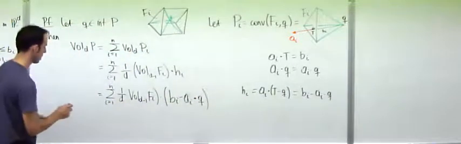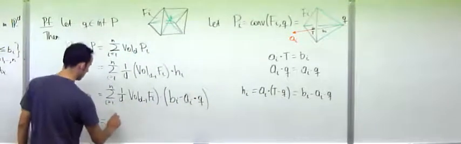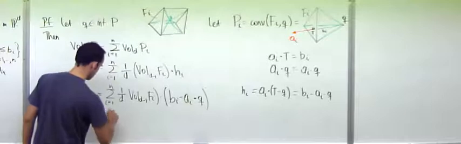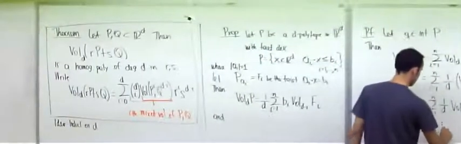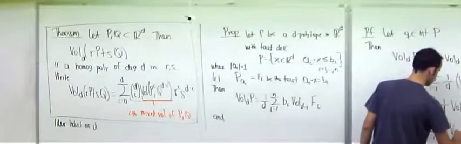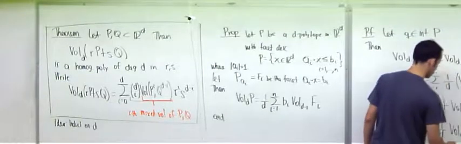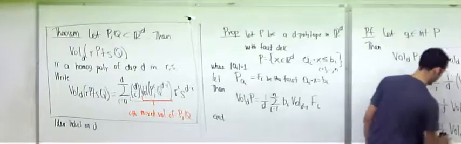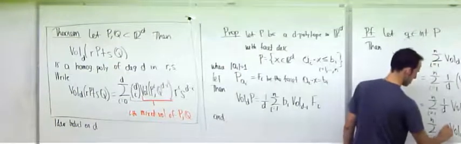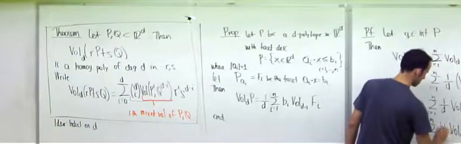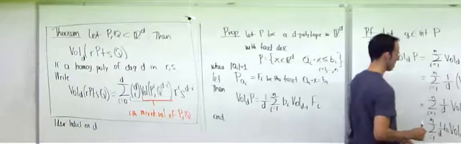Okay. So let me separate this into two sums. The first one is this. And let's put the bi here. Okay, that's what I get from this.